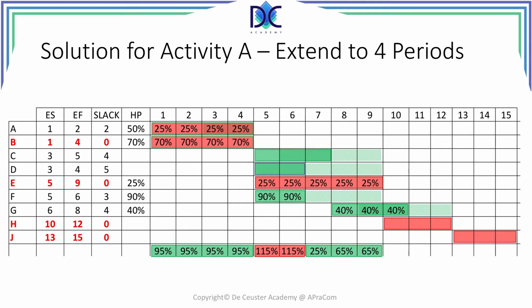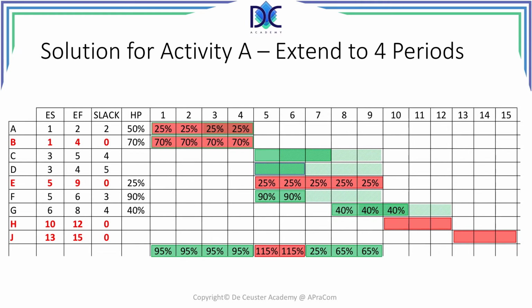When we look at periods 5 and 6, we see that the commitment of Harry Potter is still over 100%, but it also reduced from 155 to 115 in period 6 because activity G was moved to period 8.